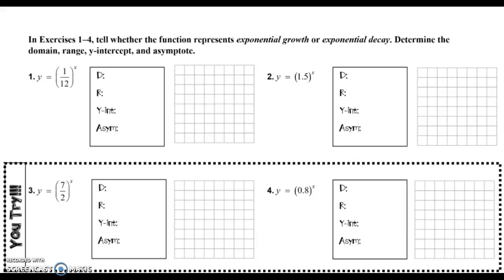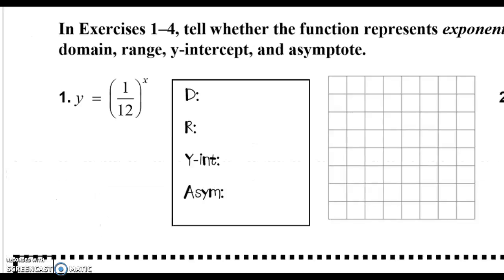It says in exercises 1 through 4, we need to say whether we have an exponential growth or decay. We need to figure out the domain, the range, the y-intercept, and the asymptote. Okay, so remember in the first page, your function looks like this.